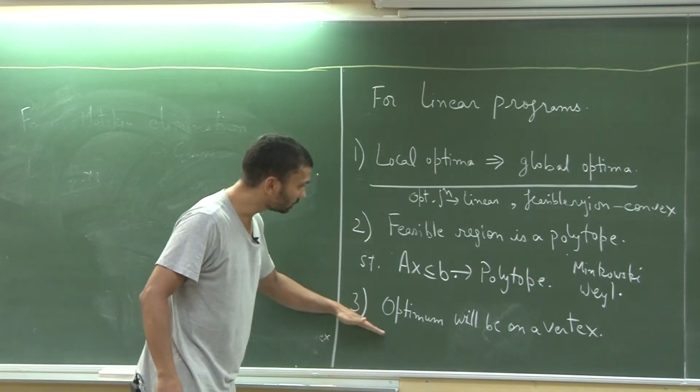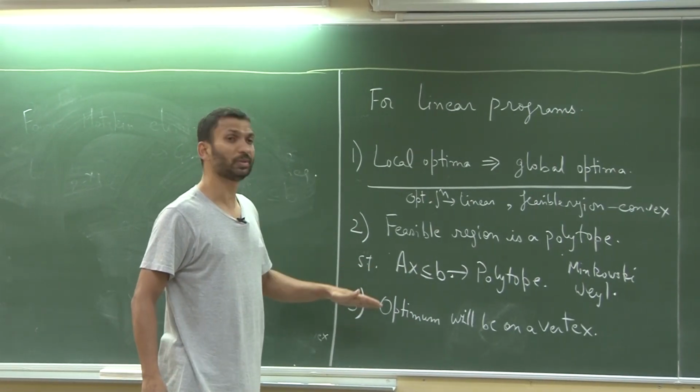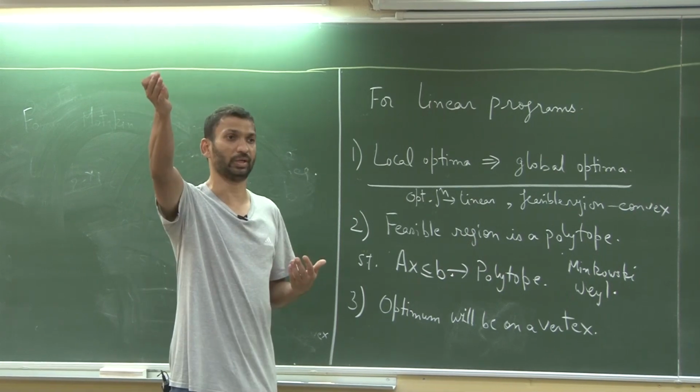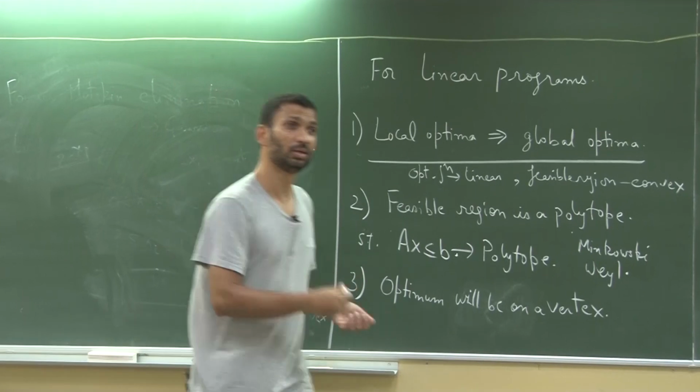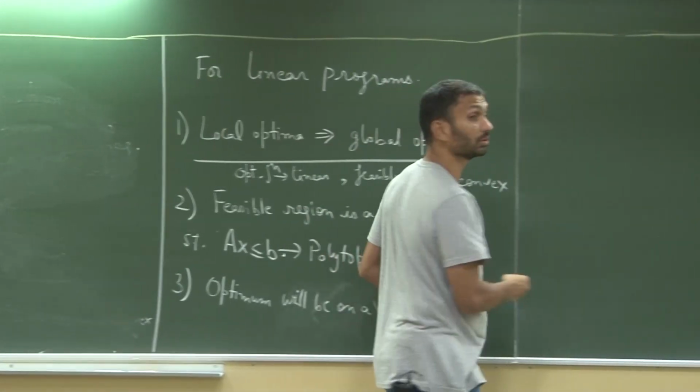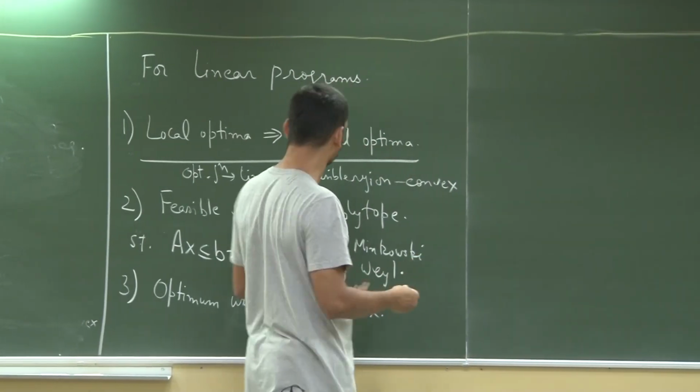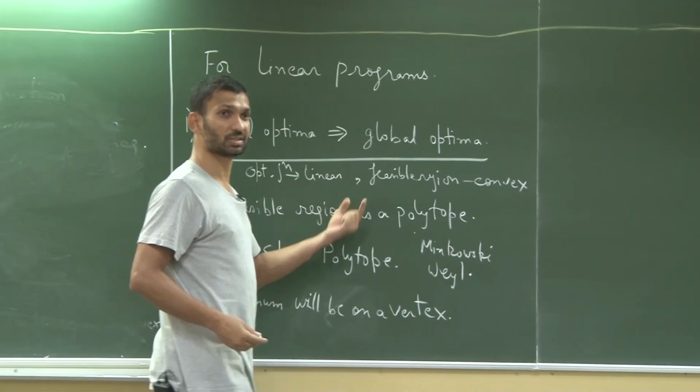And then the third property is that the optimum will be on the boundary. And why is this happening? Again, convexity, and again we will use both these things.